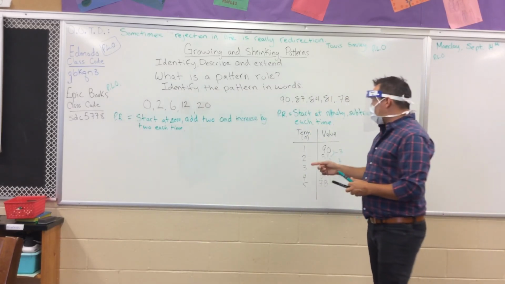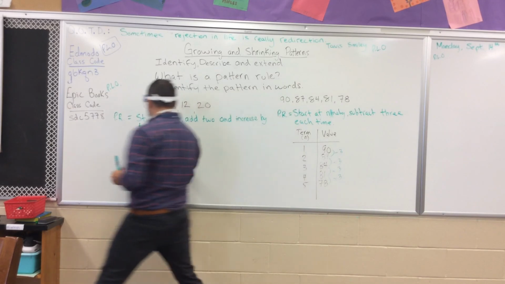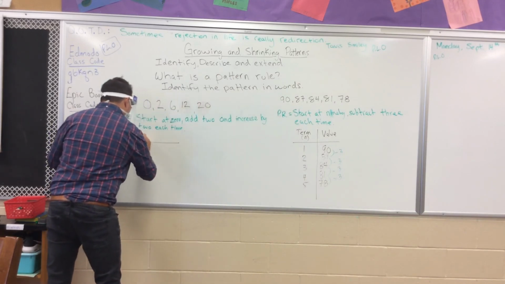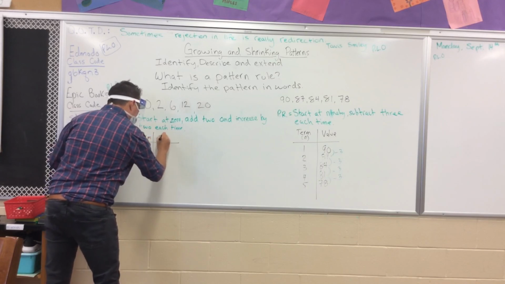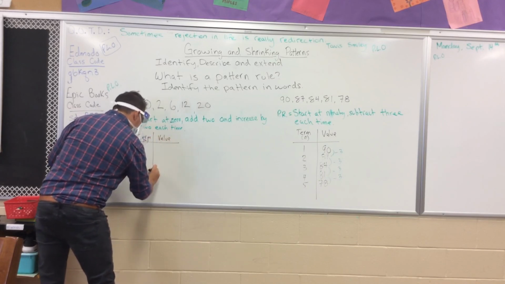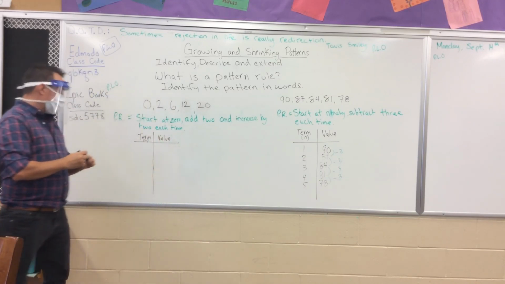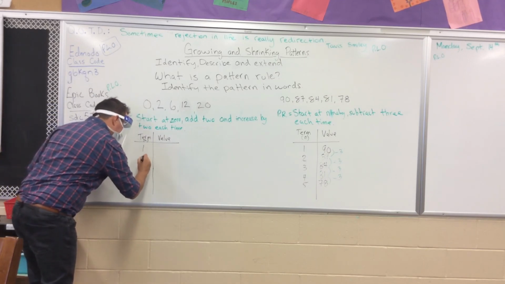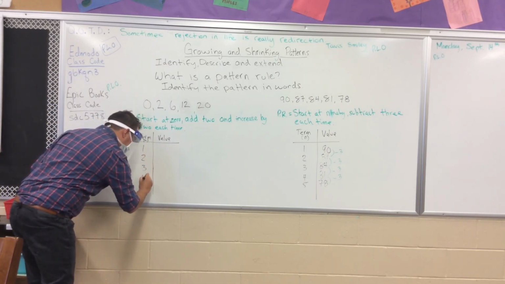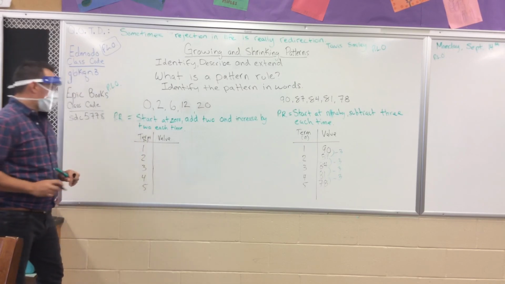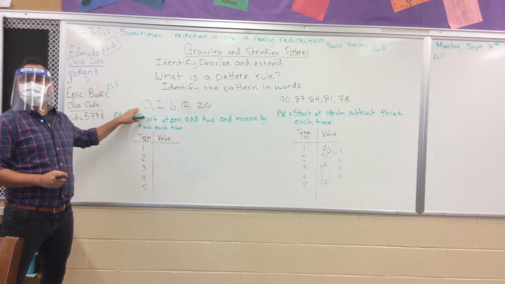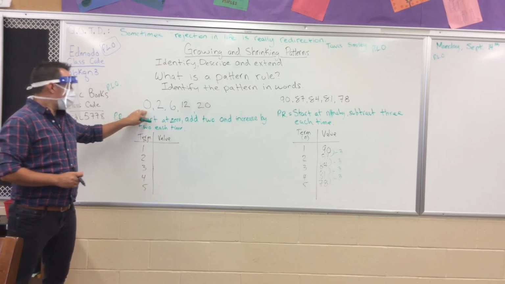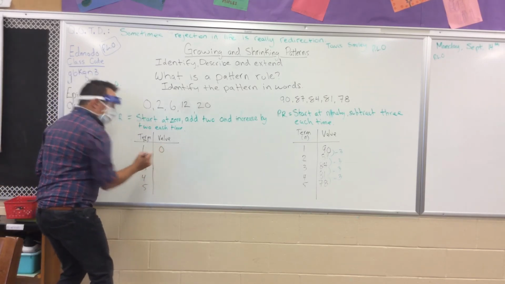If we were to write that in our T-chart, we have our term as n, and we have our value. Okay? So we have term 1, 2, 3, 4, 5. What is term 1? Joe, what's the first term in this one? 0. First number you see there.